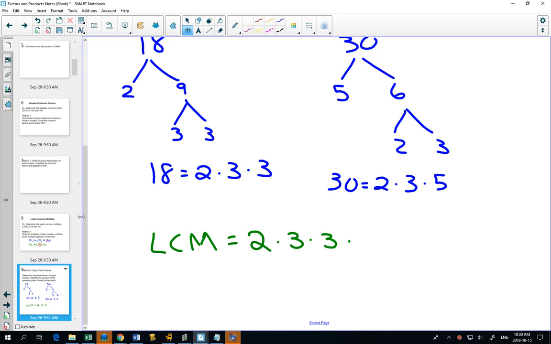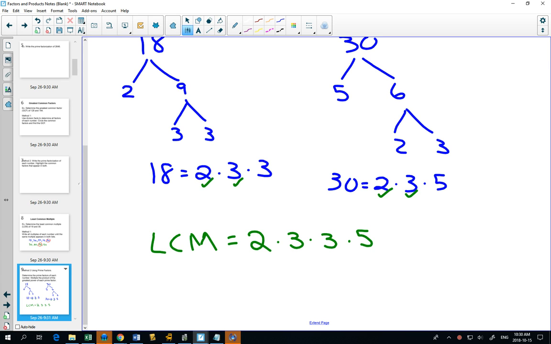Do we have any other prime factors in either of these? Yes. We have a 5 in the 30. So we need to include one 5 as well. So what's happening is you need to include all the factors. So once I include one 2 here, that accounts for the 2s. Once I include one 3 here, that accounts for one 3 and one 3.